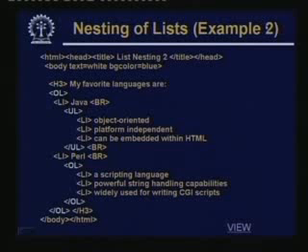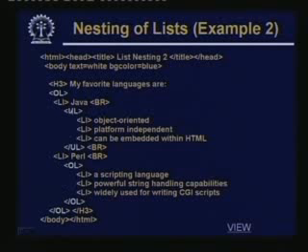This is another example. The contents are the same, but the types of list are different. The main difference is that instead of an unnumbered list, the top level list is an ordered list. You have OL, you have OL. So now Java and Perl will be numbered 1 and 2.